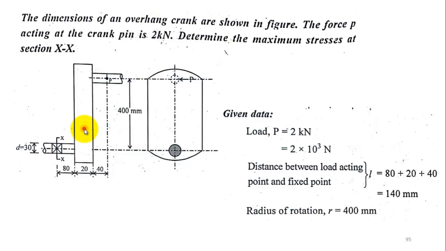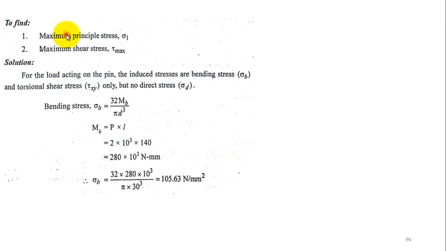This is the side view of this diagram. This is the crank, and the side view will be like this. Here this hatched area is the section XX. For this area only we are calculating the maximum stress. We have to calculate the maximum principal stress.